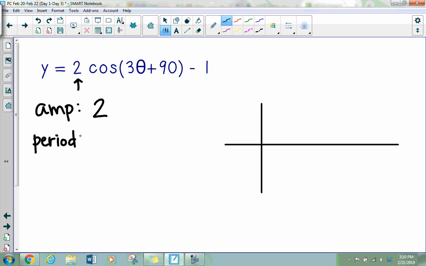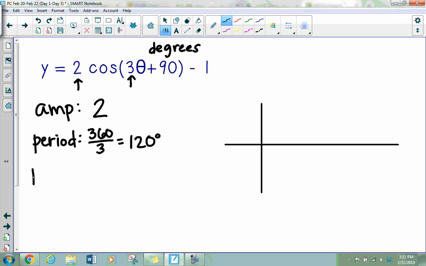To figure out what the new period would be in a transformed function like this, if we're talking about it in terms of degrees, then you take 360 total degrees and divide by whatever this coefficient is. So in this case, 360 divided by 3 tells us that our new period is 120 degrees, meaning that this cosine function is going to start and finish its curve within a 120 degree range.